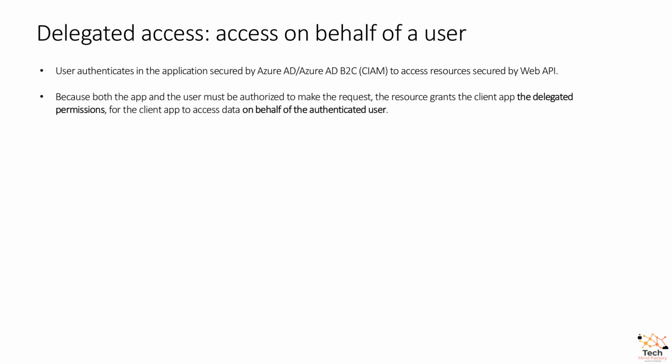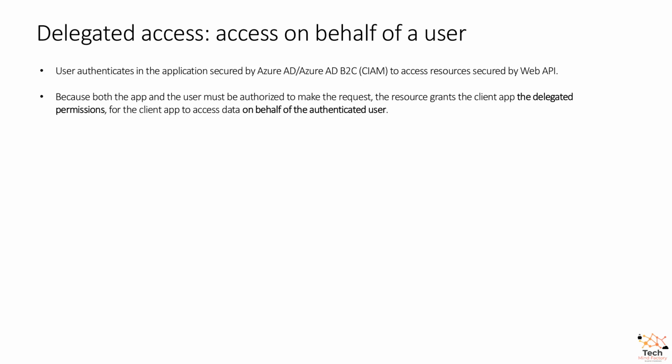But anyway, to continue, because the app and the user must be authorized to make the request, the resource, so for instance the web API in this context, grants the client app the delegated permissions to access data on behalf of the authenticated user.